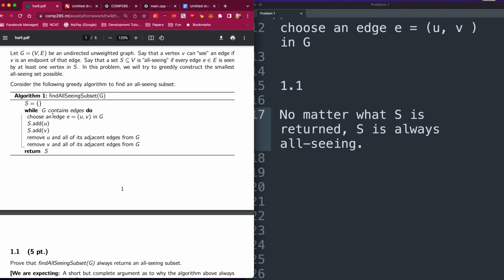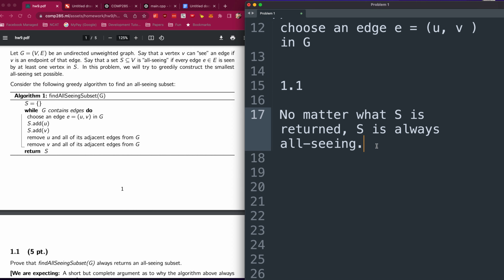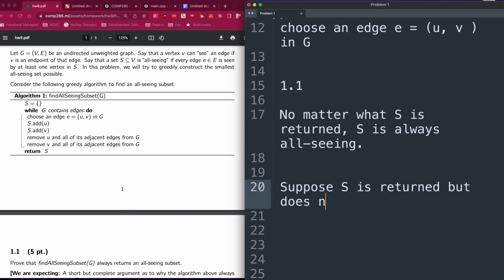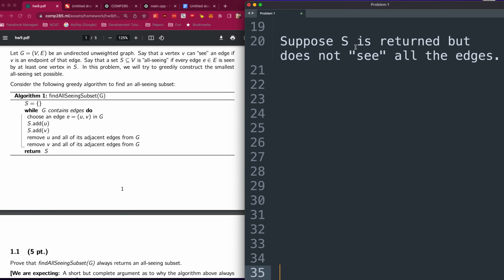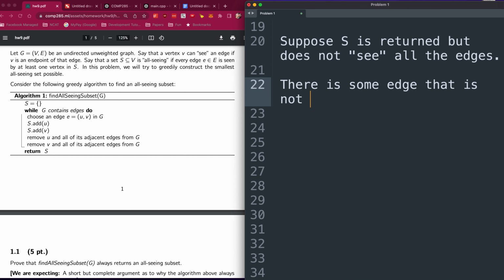Cool. So one way to see this, which is very direct, is to assume the opposite. Let's suppose S is returned, but does not see all the edges, right? So if we return an S that does not see all the edges, that means there is some edge that is not seen, because we're assuming that whatever S we return in this algorithm is not all seen.